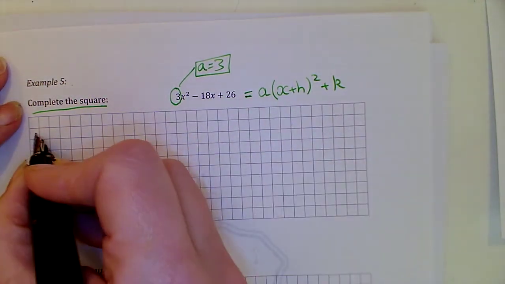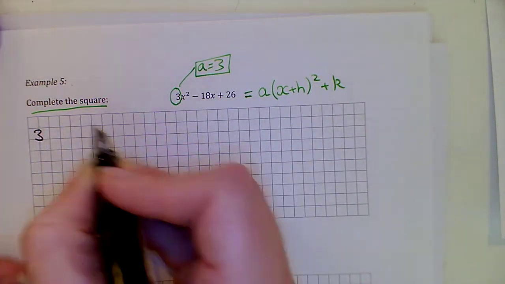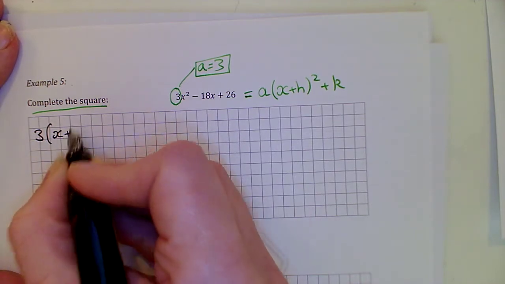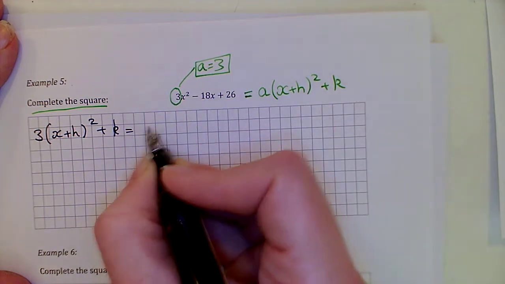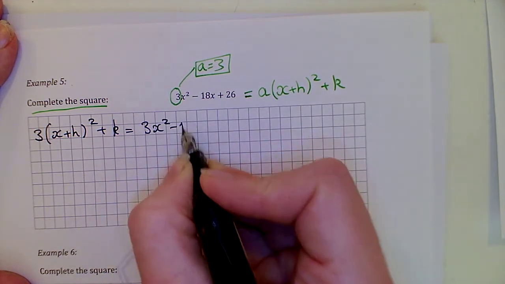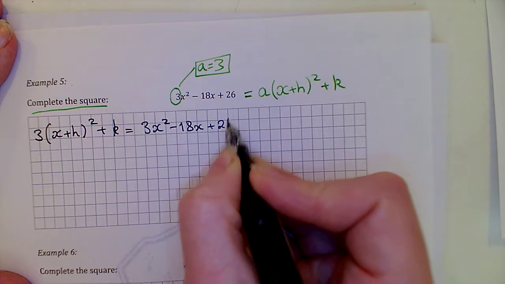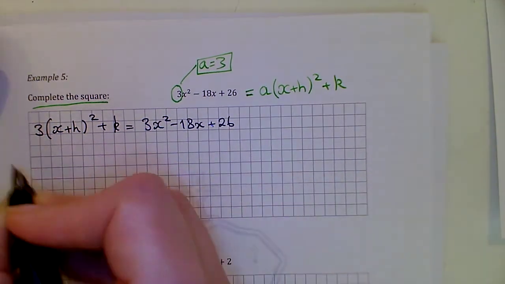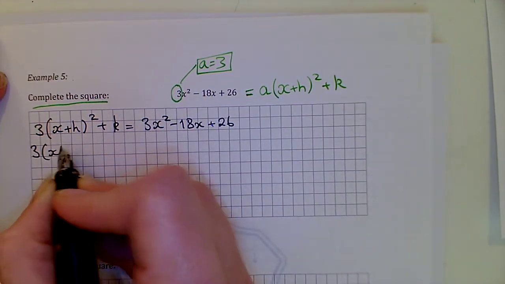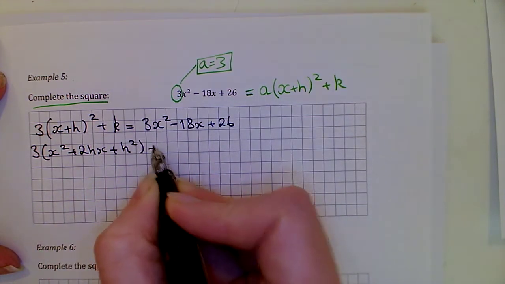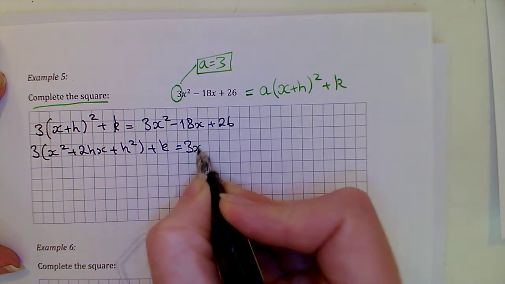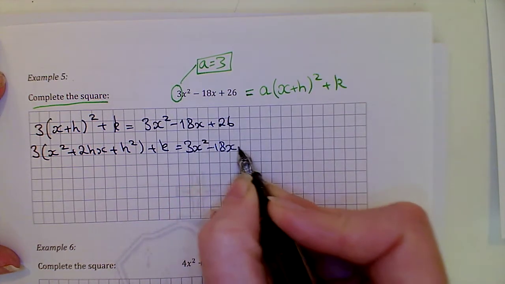I can write it down, or I can just go straight to saying 3 times x plus h all squared plus k is equal to 3x squared minus 18x plus 26. And we need to square out our brackets and multiply through that 3. X squared plus 2hx plus h squared plus k equal to 3x squared minus 18x plus 26.